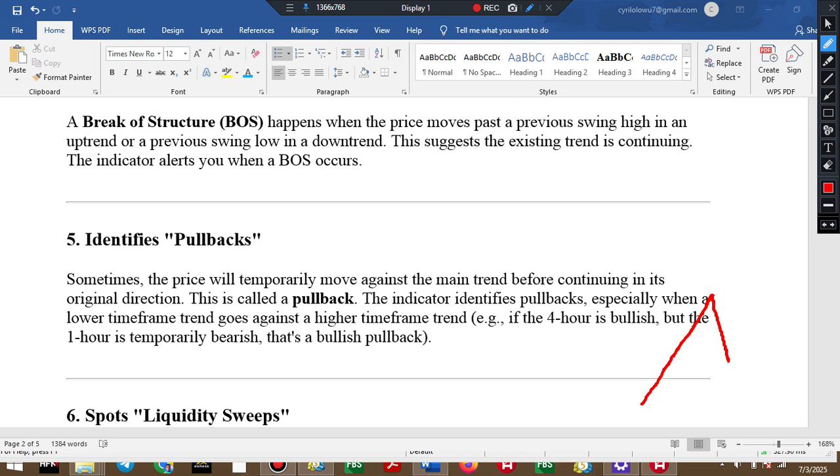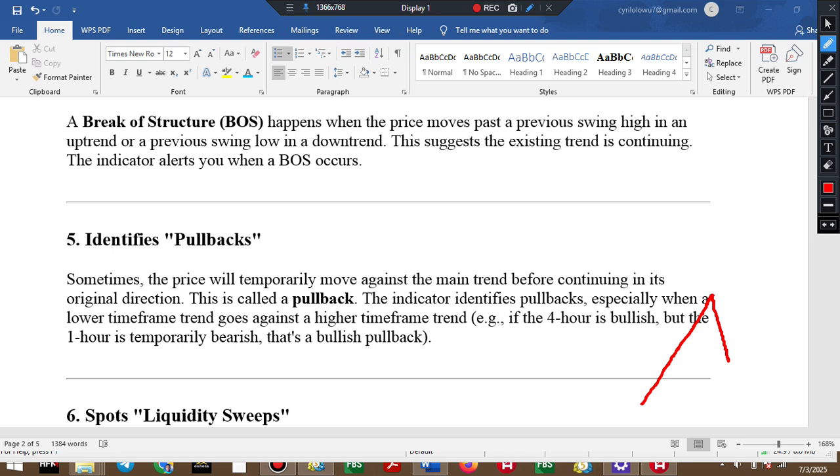So if your higher time frame is going bullish and then your lower time frame is indicating a bearish move, it's just an indication that there is a pullback in the trend. Is that clear? That means it's telling you that what your lower time frame is doing is just a pullback, which is called the correction phase.